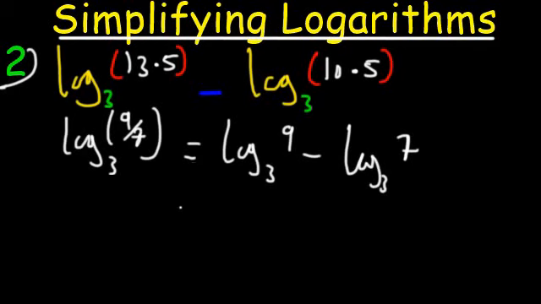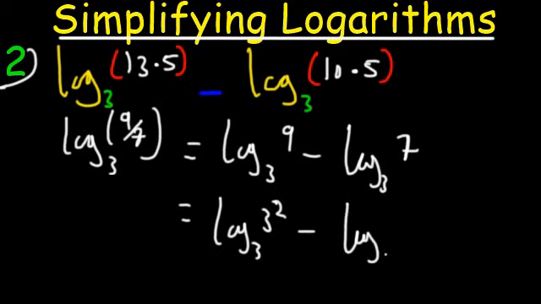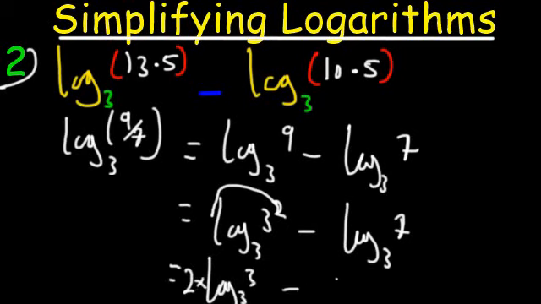Okay, so we have log of the base of 3 squared minus log of the base of 3 to 7. Now this 2 is allowed to come to the front of the logarithm, so that's 2 times log of the base of 3 to 3 minus log of the base of 3 to 7.